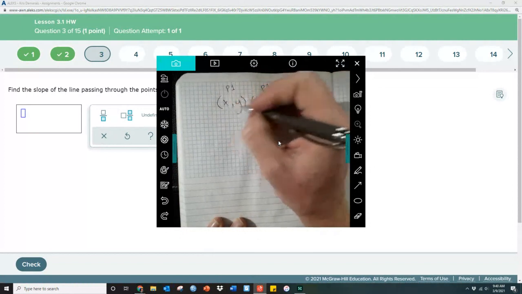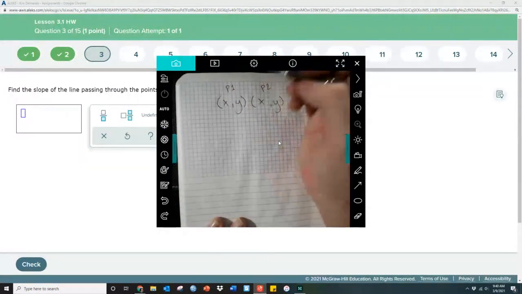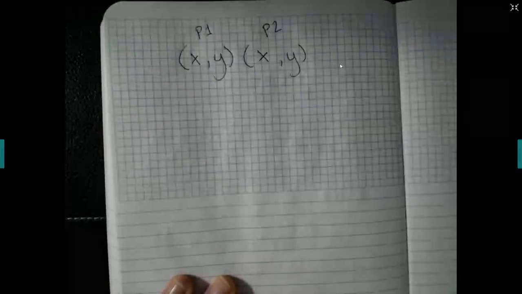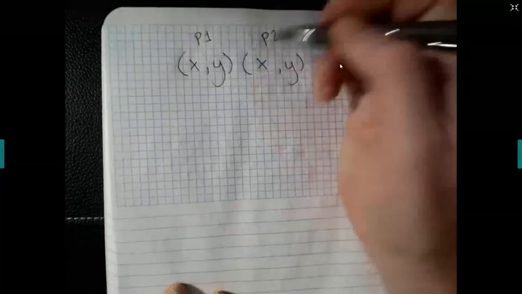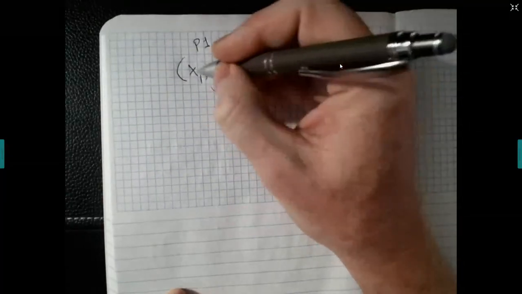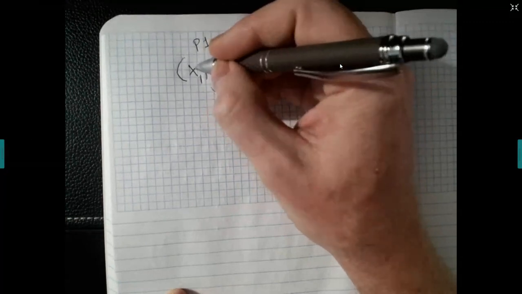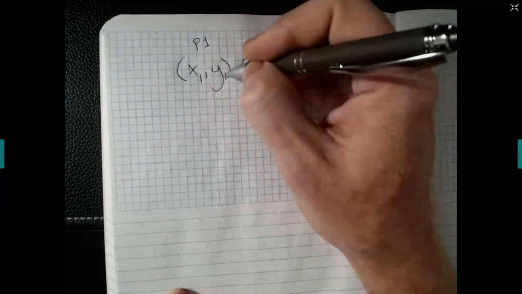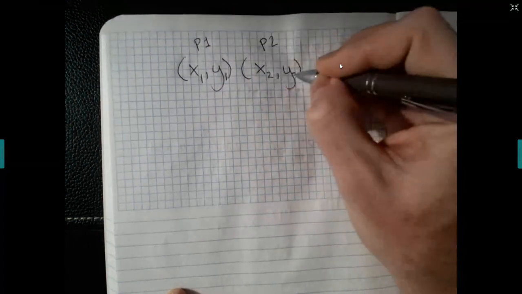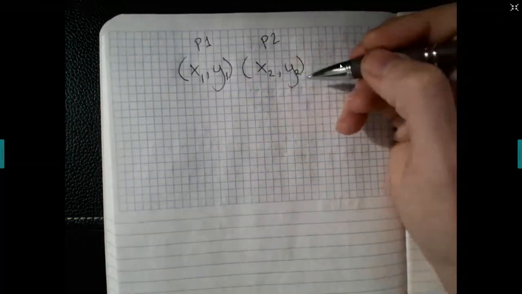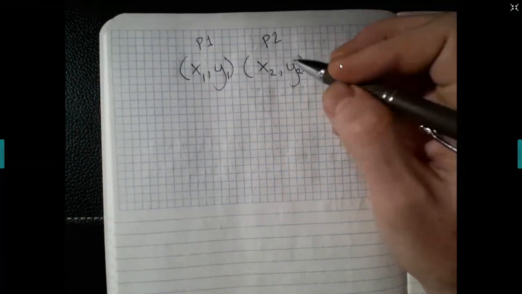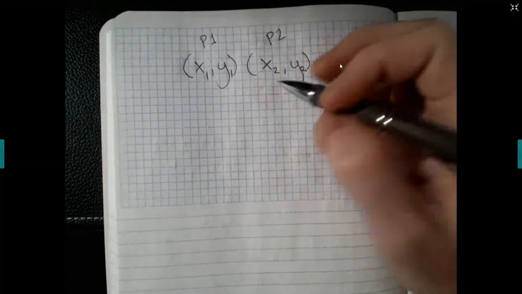They subnotated the values of these x and y's because otherwise there's no distinction between them. It's really hard to find what's different between these other than the subnotation. So they subnotate this as 1, telling anybody looking at it that this is point 1, and this is subnotated 2 because this is point 2. That way you can tell the difference between them.